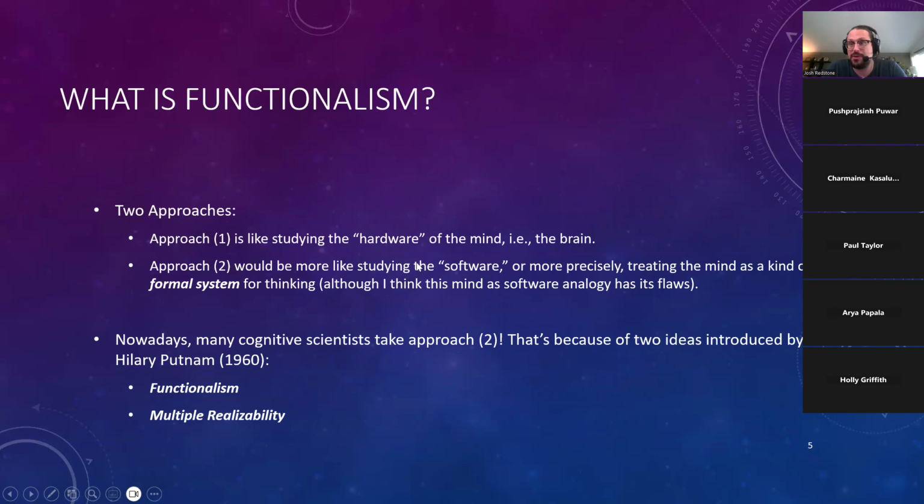Again, this is from Bermudez's chapter on computation. We could study the hardware, and we certainly do. That's what neuroscientists do. Approach number two, looking at the mind as a functional system, would be like studying the hardware.